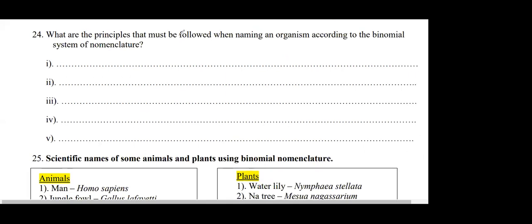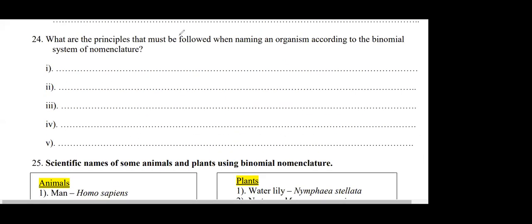Last part, write scientific name, or we call it binomial nomenclature. Highlight the word binomial. Bi means two. Nomial means naming. Binomial system of nomenclature. When you write the scientific name of animals and plants, one of the best examples is Homo sapiens.